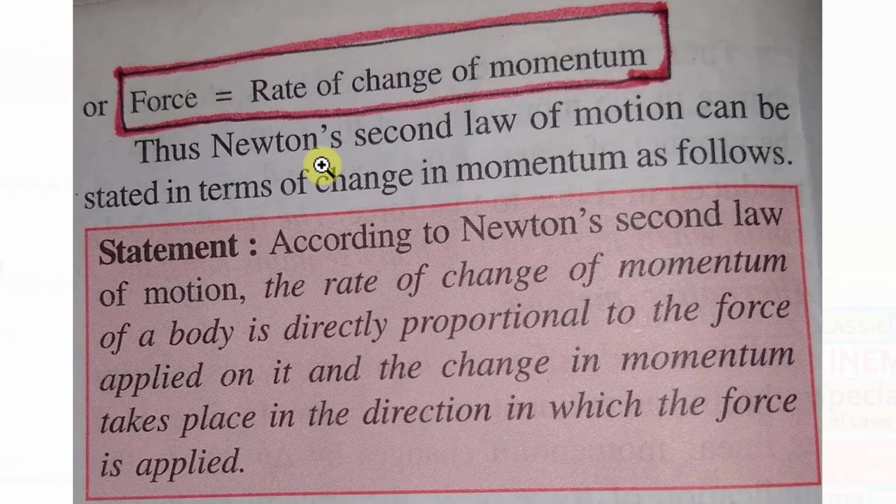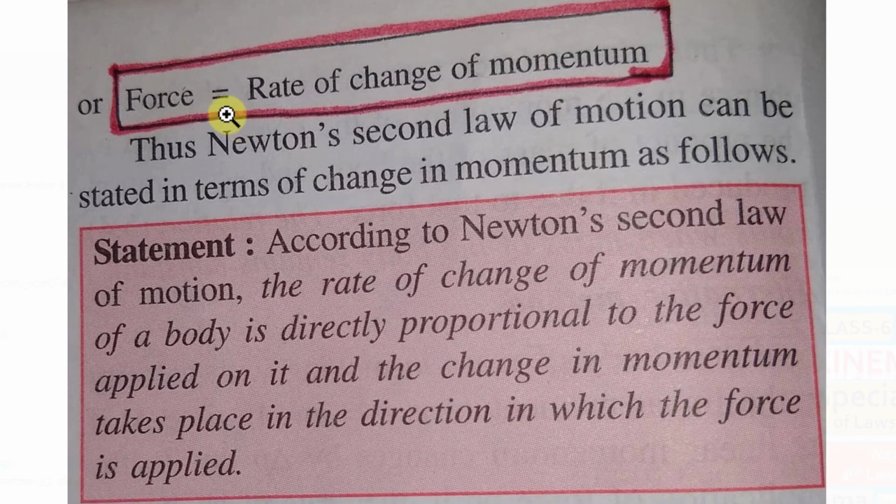Clear? Now you can see, children, force is equal to ma, whereas rate of change of momentum is also ma. It means force is equal to rate of change of momentum.